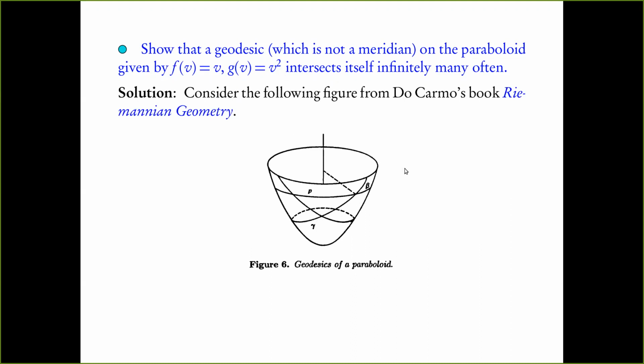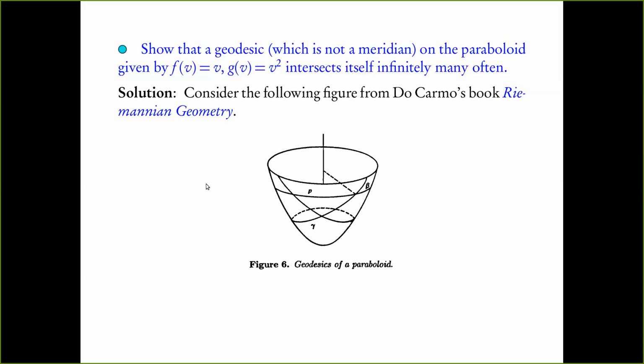If this is the expected behavior, then this phenomenon suggests that, indeed, a geodesic which is not a meridian should intersect itself infinitely often, because it has two strands: as t goes to infinity on one strand and t goes to minus infinity on the other. Here, if I say go up, that is going reverse in time. They seem to be going in opposite directions, but they're spiraling infinitely many times around the z-axis, so they must intersect by the intermediate value theorem.